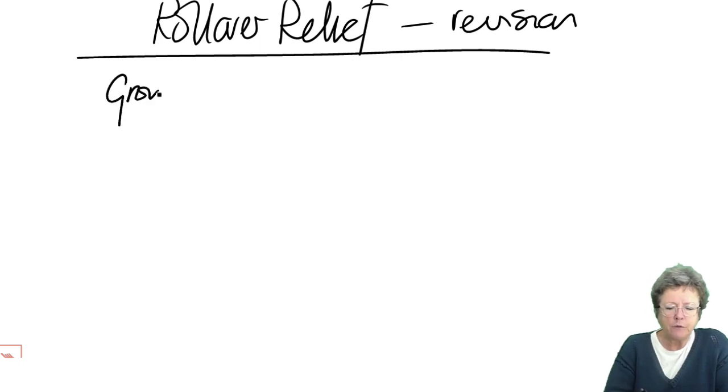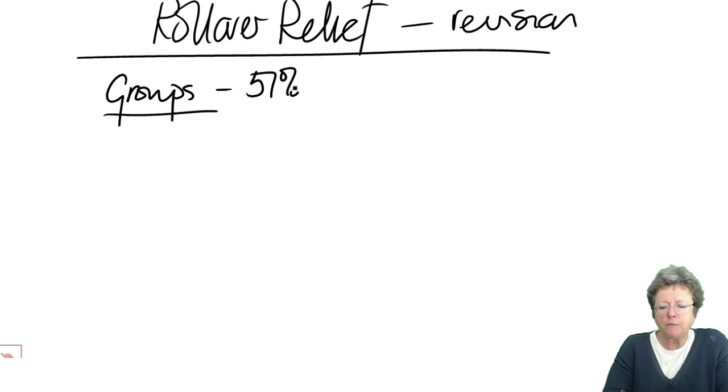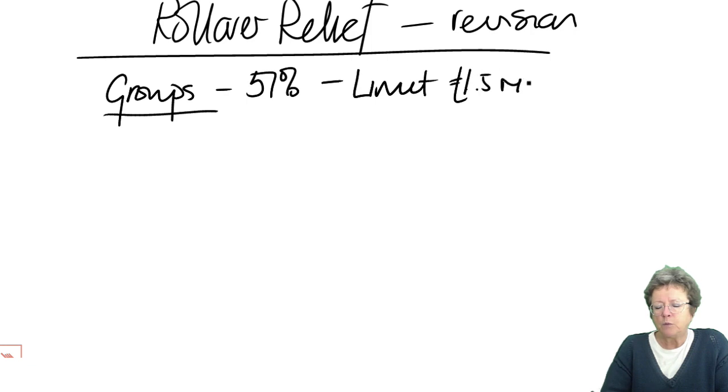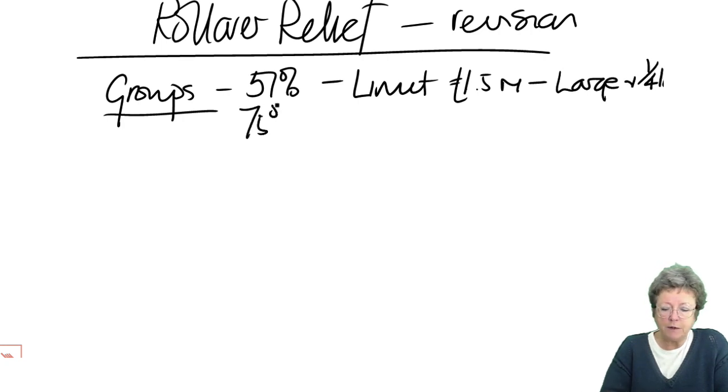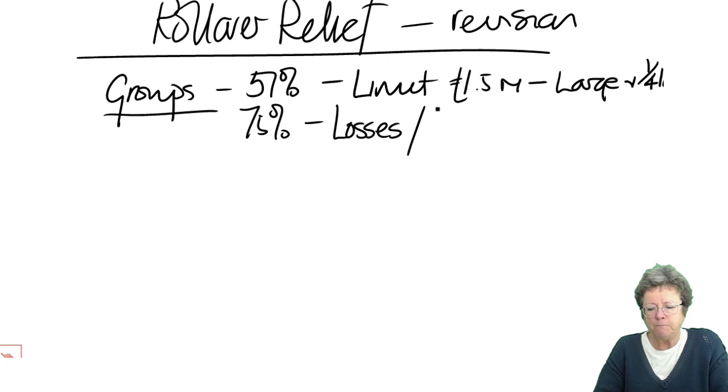Groups: 51% groups, and that limit of 1.5 million, which then means that they could be large and pay quarterly. Okay, that was one. 75%, and then we had losses that we could relieve, and we had that complicated question in the chapters about non-coterminous year ends.